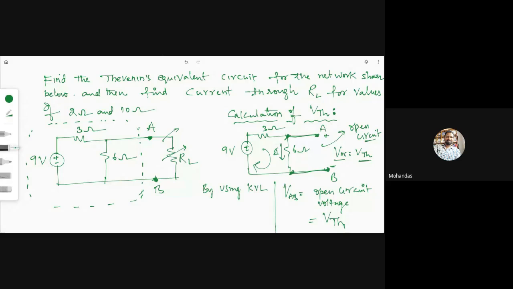Write the KVL equation. Sai Kumar, can you tell me the KVL equation, Amma, in the simple circuit? Srivarsha?